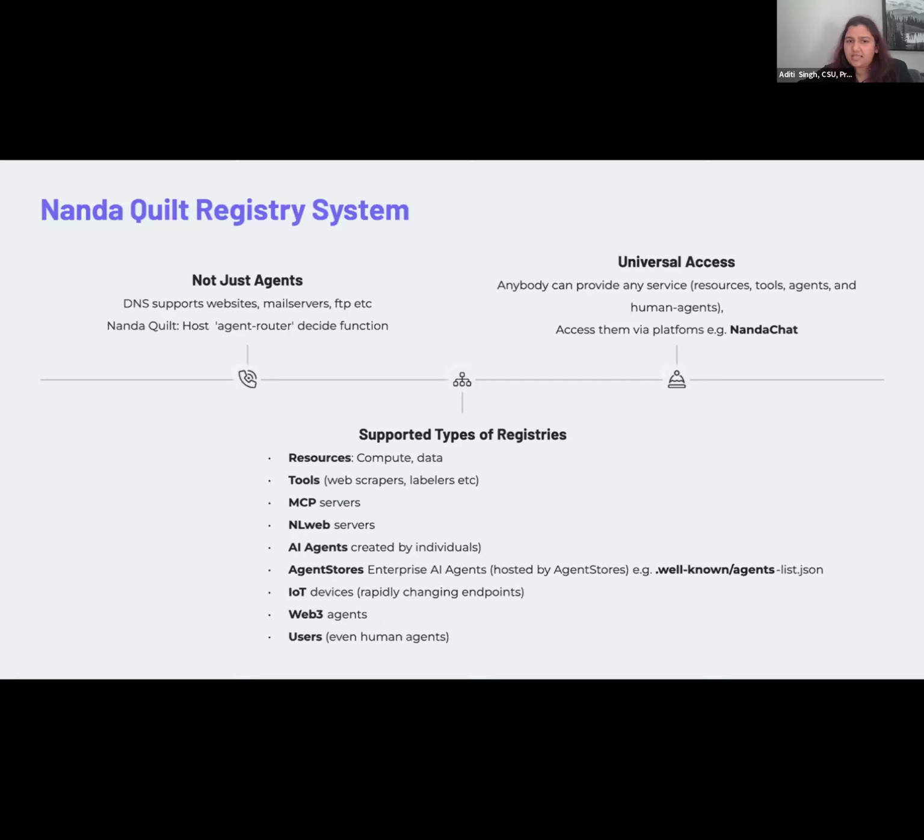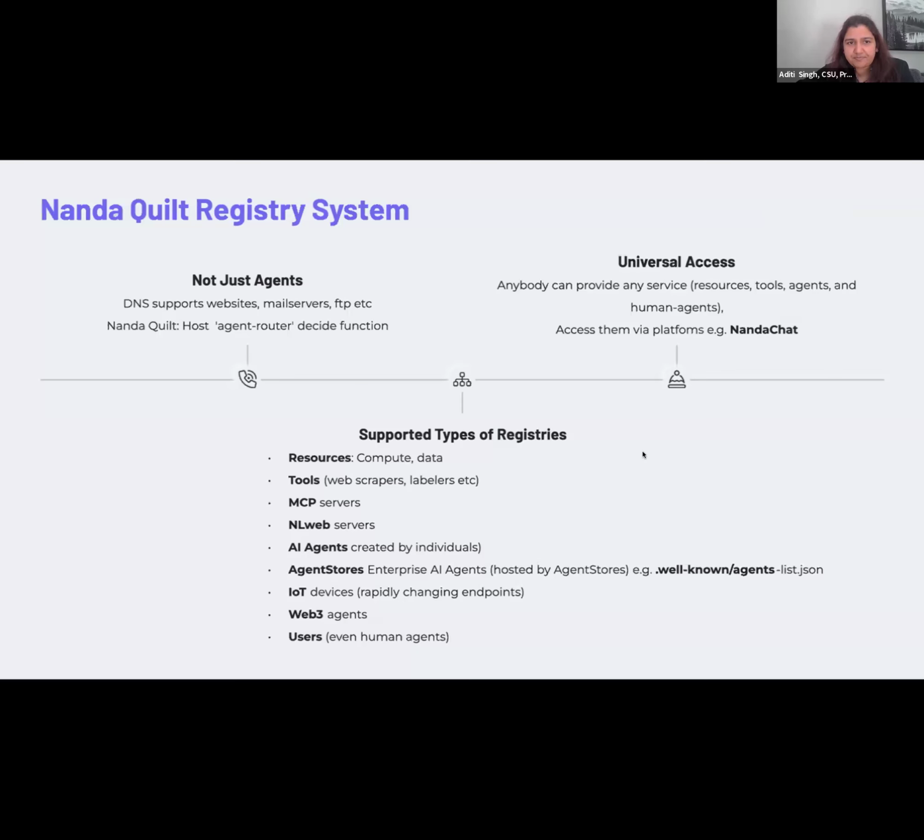It's like DNS, but for the agent world, which enables flexible, scalable discovery, and we'll see towards the end of the session today how Nanda Chat can access these registries to connect users with the right agents or services. It's a system trying to break silos and build the foundation for a truly open internet of agents. It's another way of saying that we are creating a step towards a future switchboard without a central authority, but trying to make things future ready.